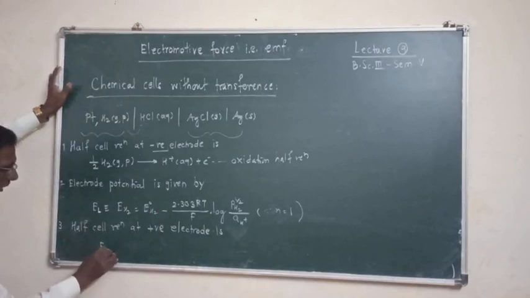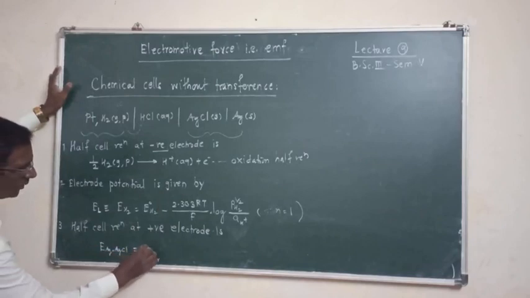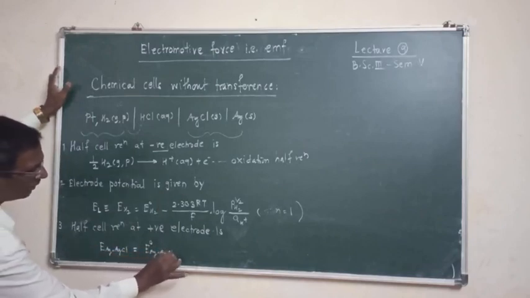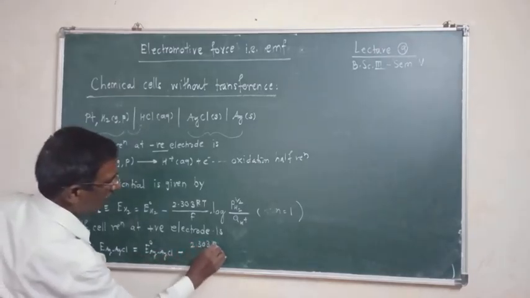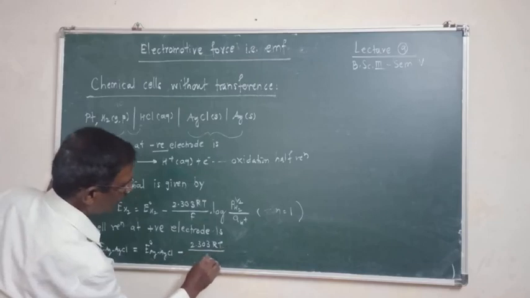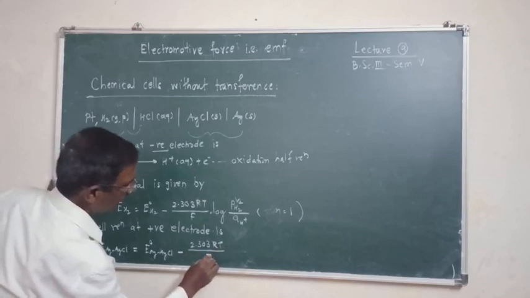So E AgCl is equal to E0 AgCl minus 2.303 RT upon F. Here also the value of n is 1.